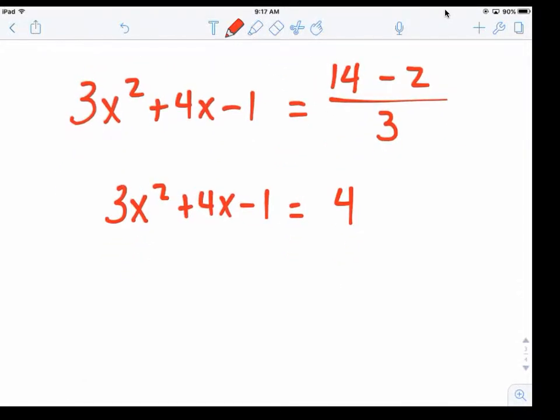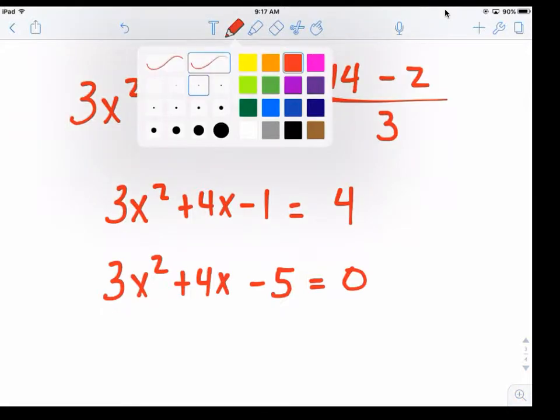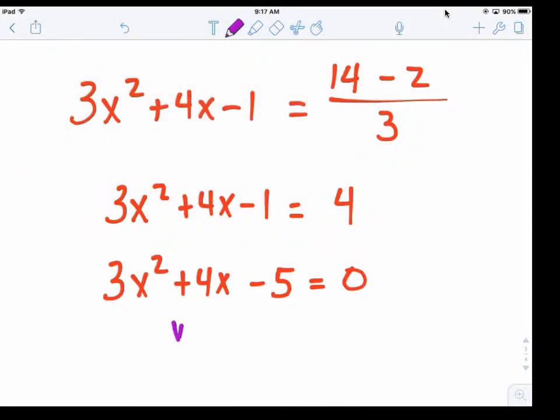So that's the problem that we need to solve. If I have 3x squared plus 4x, if I move the 4 over, that gives me -5. So this is what I'm going to put into my calculator. That's going to go into y1, and that's going to go into y2. And we only want to look at it from -1 to +2.